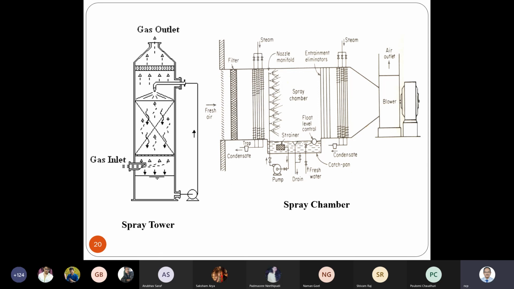That's why this whole arrangement is required: preheating, then humidifying, then the mist eliminator, and finally reheating to the desired temperature, then supply to the conditioned space. So basically the spray chamber is nothing but a horizontal spray tower where co-current contact of gas and liquid takes place, right? So this is another variety of the liquid dispersed type.